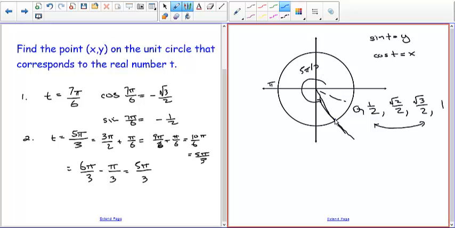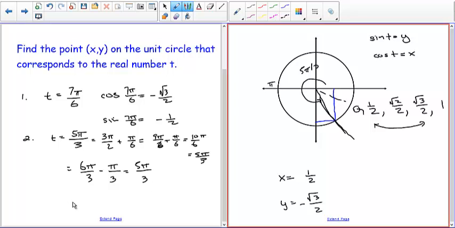Then if you take the x-coordinate, you go up here and you see it's right in the middle. You take the y-coordinate and you find it's right over here. So I know that the x-coordinate, which is in the middle, is going to be 1/2, and the y-coordinate, which is going to be close to 1, is the square root of 3 over 2. But because I'm in the fourth quadrant, x is positive, but y is negative.